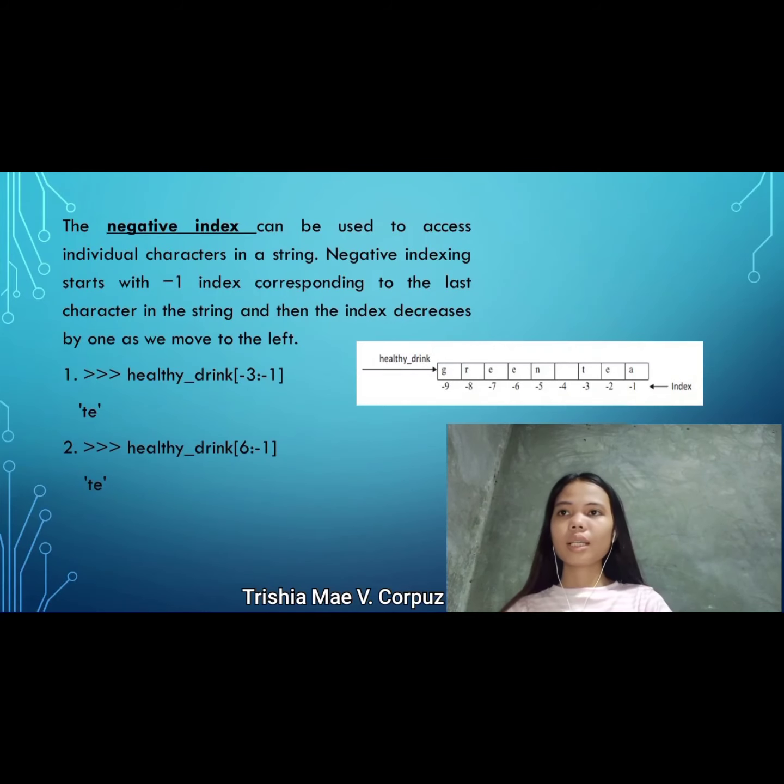So, dito sa number 1, kailangan mong i-specify yung lowest negative integer number sa start index position. Obvious naman na mas mababa yung negative 3 kaysa sa negative 1, diba? So, kinuha niya lang yung character na naka-assign sa negative 3 at negative 1, which is yung T at E.